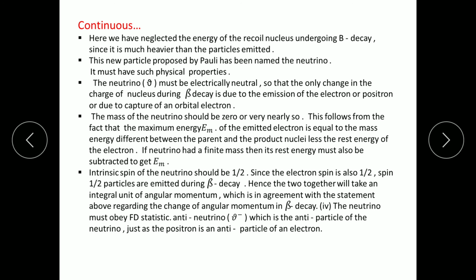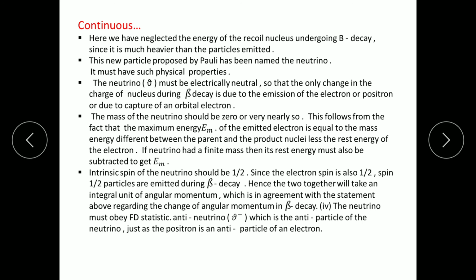Now we consider that the neutrino should have spin 1/2. Everyone knows that the electron has spin 1/2. To conserve angular momentum in the decay process, as written above, and to balance angular momentum on both sides, we consider that the neutrino should have spin 1/2.